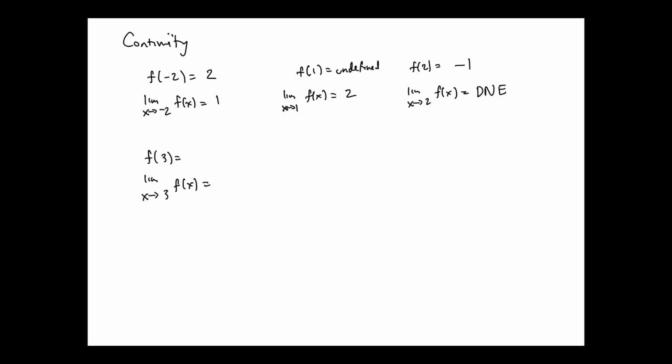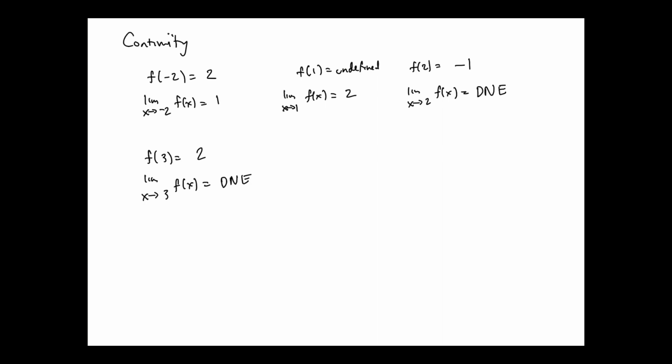Okay, and then finally, what's going on over there at 3? Yeah, the value equals 2, but what about the limit? Yeah, also does not exist. Okay, so in all of these cases, what's true about the value of the function and the value of the limit? They don't have to be the same, and they weren't for any of these 4 situations, right?